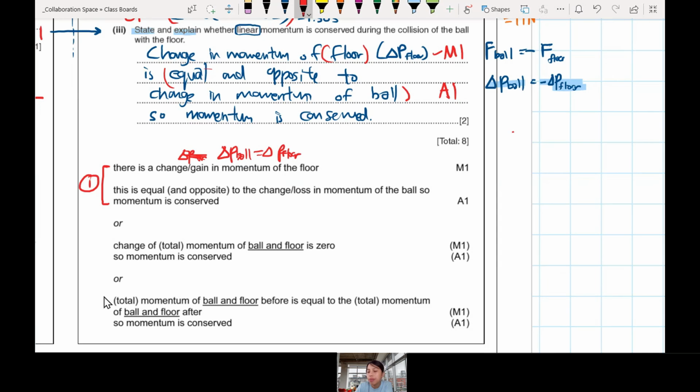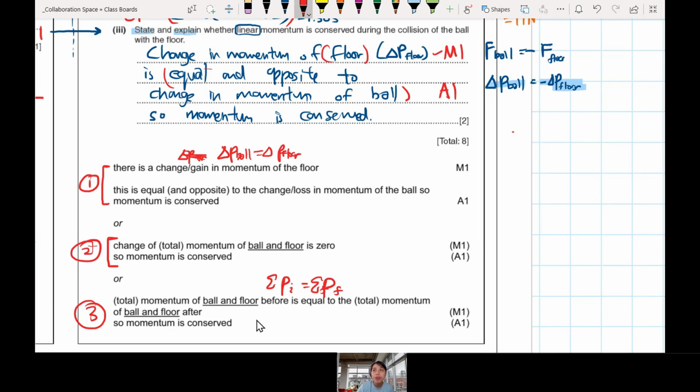Other ways you could write it: total change in momentum is 0, momentum is conserved. That means momentum is conserved in this whole system, ball and floor, total momentum 0. That's one method. The third one is kind of similar to the first: total momentum of the ball and floor initially is equal to total momentum after. This one is your favorite equation: total momentum initial equals total momentum final.